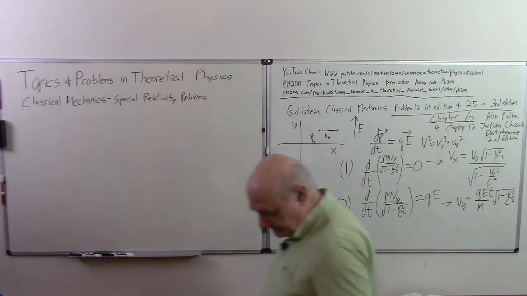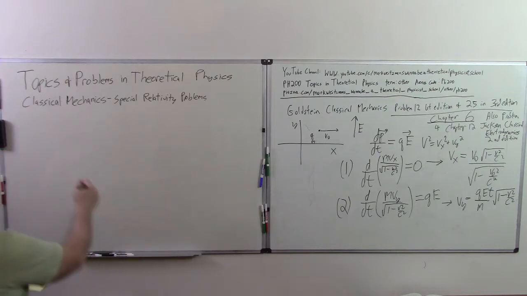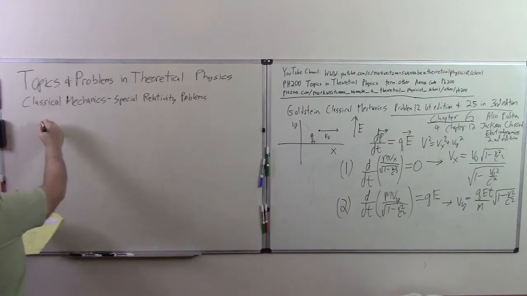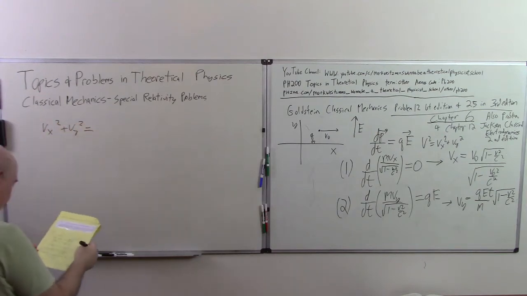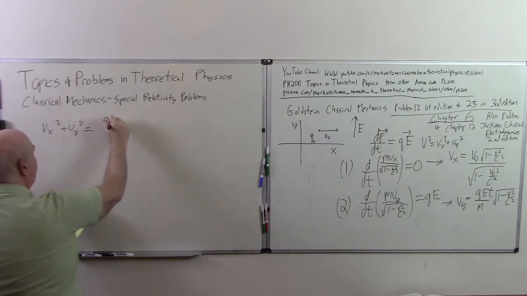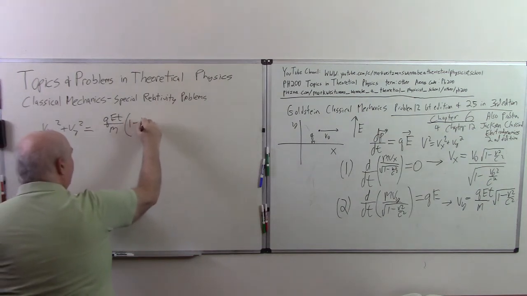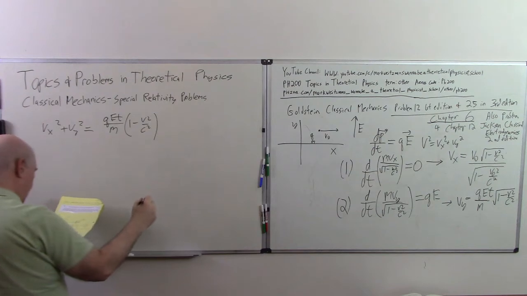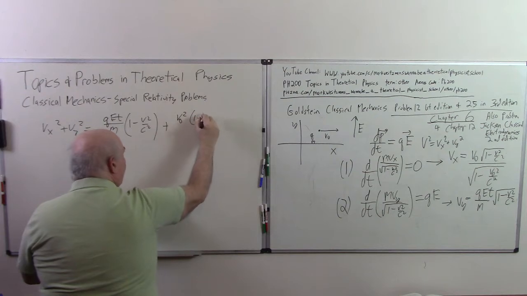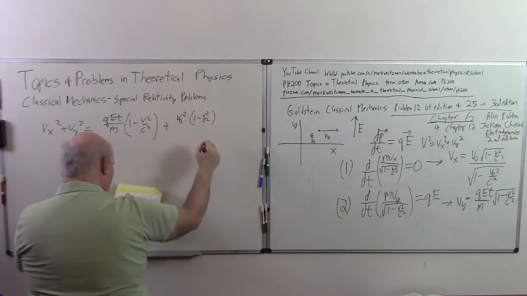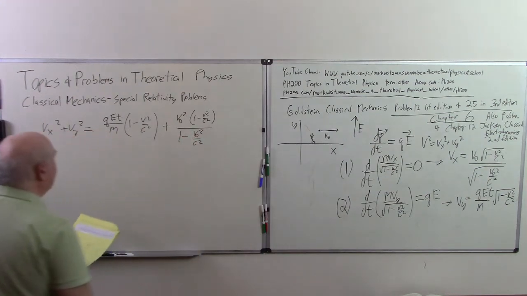So now what you do is you square those two equations. So you get vx squared plus vy squared is equal to (qEt over m) squared times (1 minus v squared over c squared), plus v0 squared times (1 minus v squared over c squared) divided by (1 minus v0 squared over c squared).